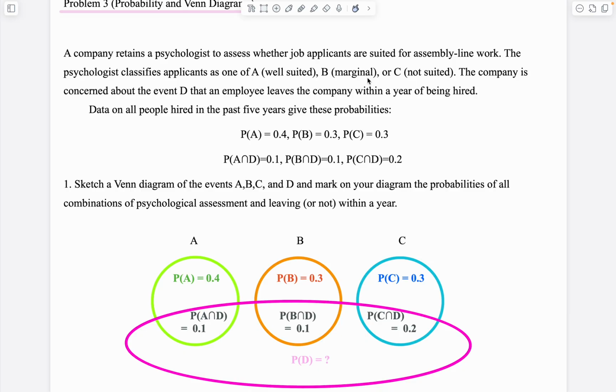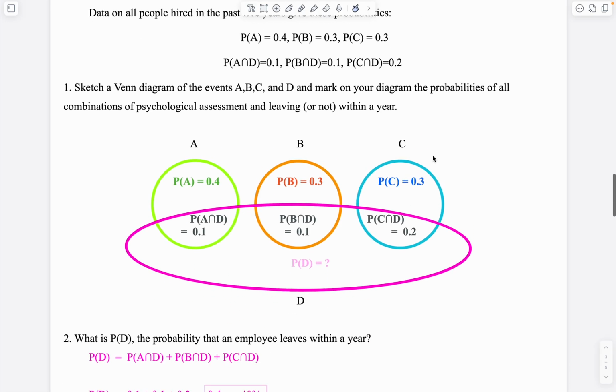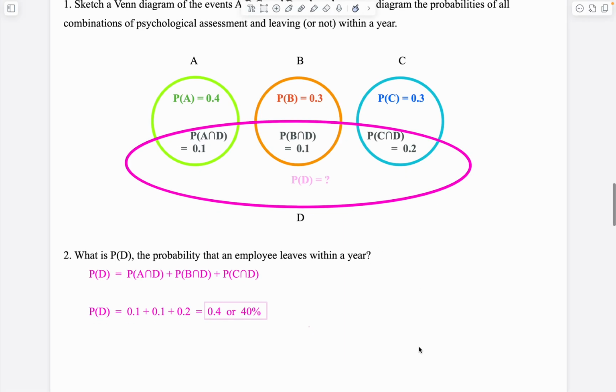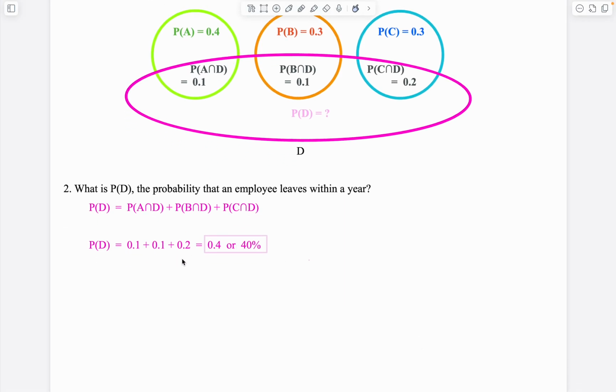The probability of being a marginal employee and leaving within a year is also 0.1. And the probability of being not suited for the job and leaving within a year is 0.2. So to find the total probability of all of those leaving within a year, you would just add all of them. And when you do so, you get 0.4 or 40%. So there is a 0.4 probability that an employee leaves within a year.